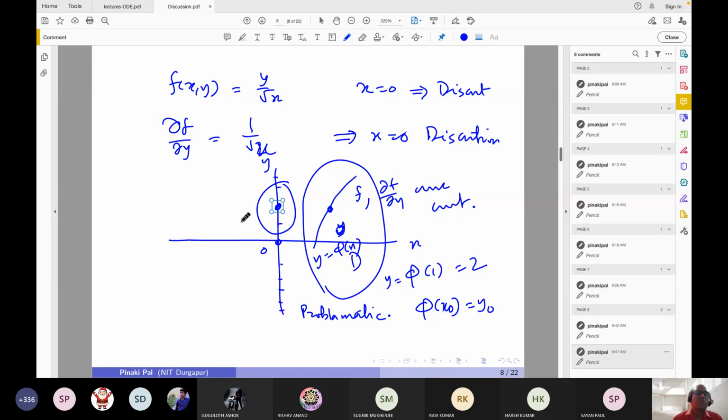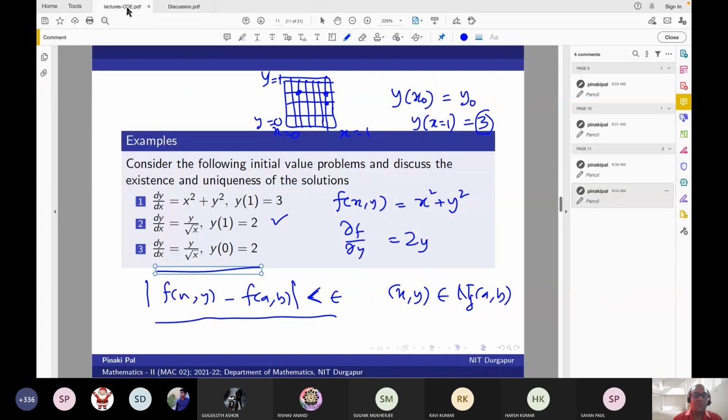Anything can happen, so we are not focusing on those complicated aspects of the problem. This is what we wanted to discuss about Picard's theorem. There exist some theorems which can guarantee the existence and uniqueness of the solutions.